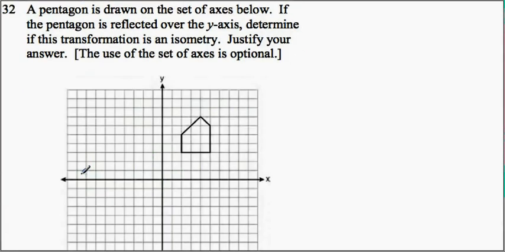Alright, let's look at number 32. If the pentagon has been reflected over the y-axis, determine if the transformation is an isometry. Isometry, iso here means the same, metry means the measure. Will it be the same measures? For example, this one will be 5 units away, so we're going to have 5 units away as this one.